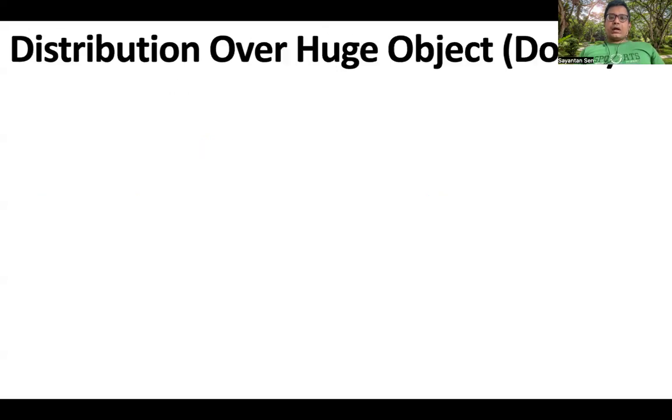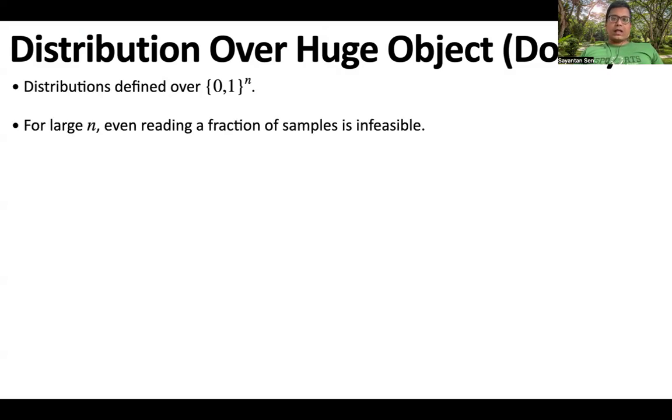But suppose we consider probability distributions over high dimensional spaces, for example, the n-dimensional Hamming cube. Now each sample obtained from distributions over {0,1}^n is actually an n-bit Boolean vector. In order to read through a single sample, we need to read all the n bits, and this is clearly infeasible for large n.